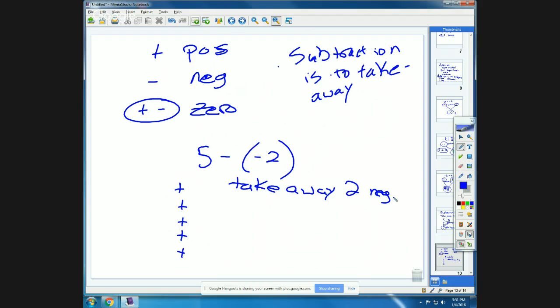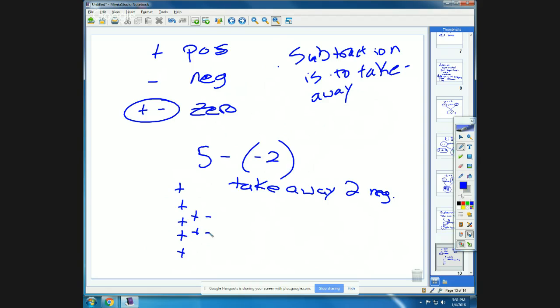Any negatives here? Oh, well, what could I do? You could add them and add more positive. Yes, I could make some zeros, right? So I could say, well, you know, that's still 5 net charge, right? Because these 2 right there I just put in cancel out. Do it again.